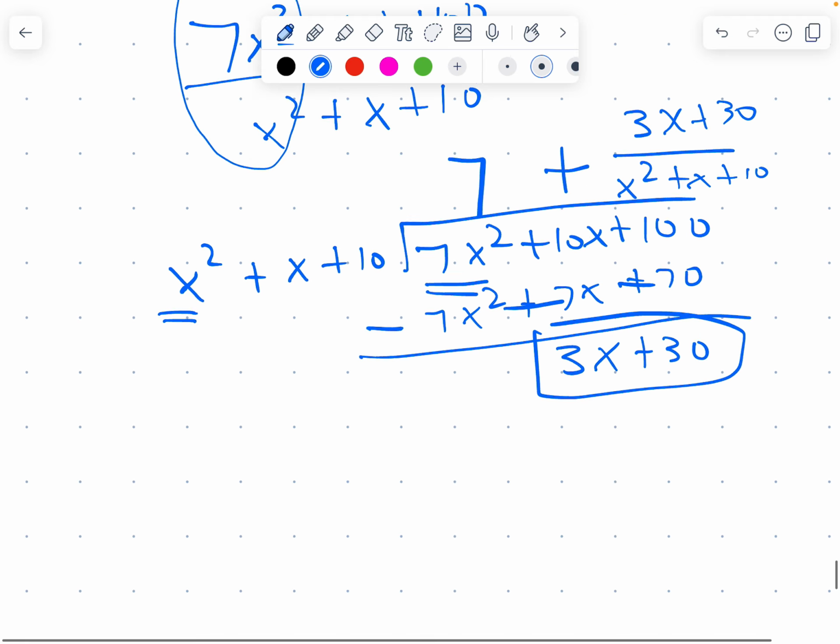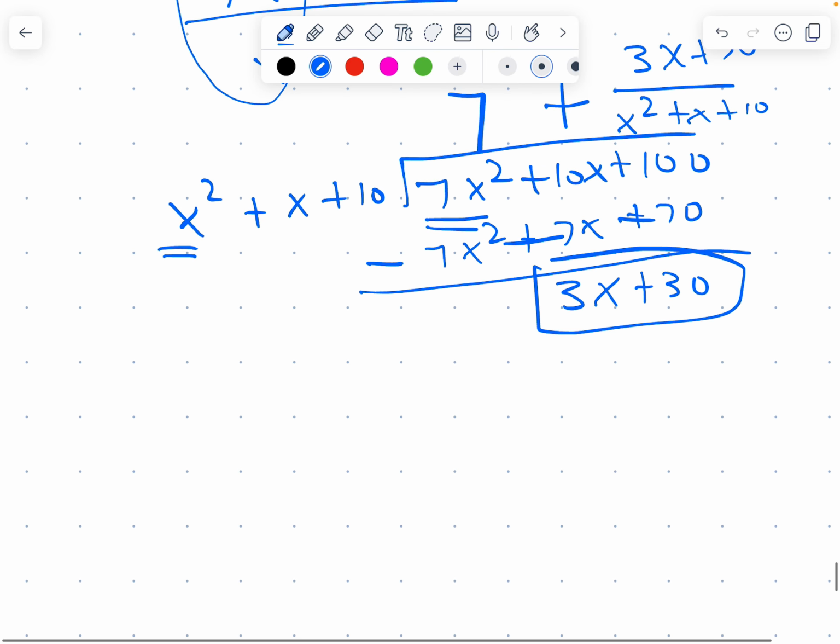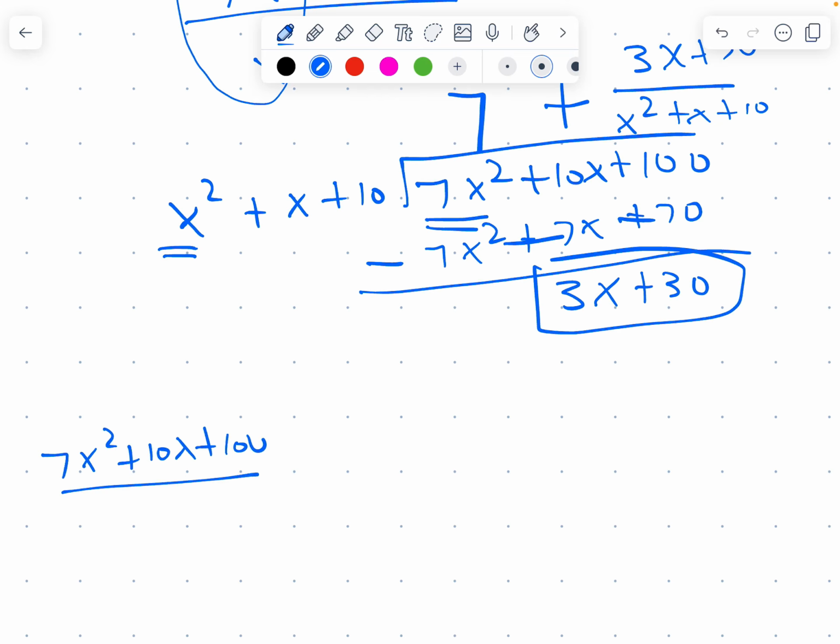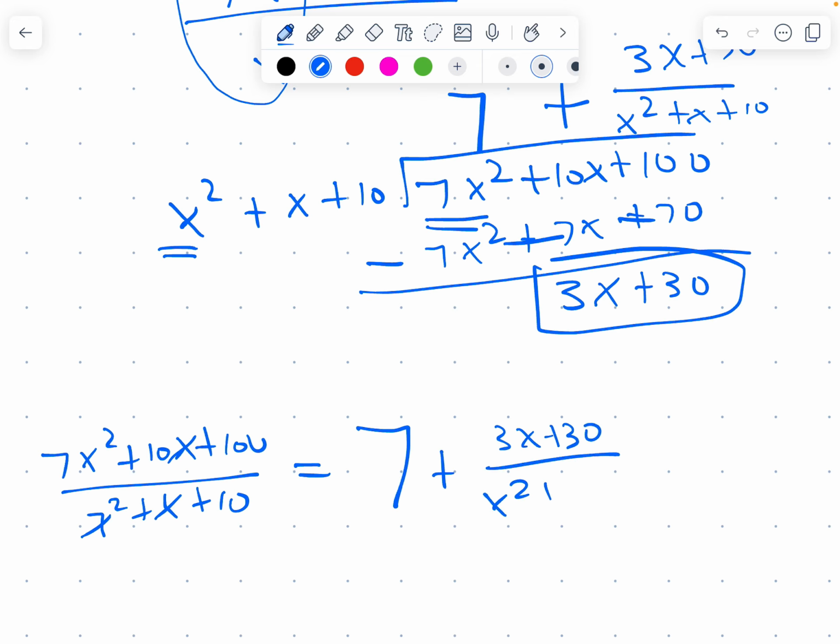So this function, let me rewrite this. Our original equation, 7x squared plus 10x plus 100 divided by x squared plus x plus 10 is equal to 7 plus 3x plus 30 over x squared plus x plus 10.